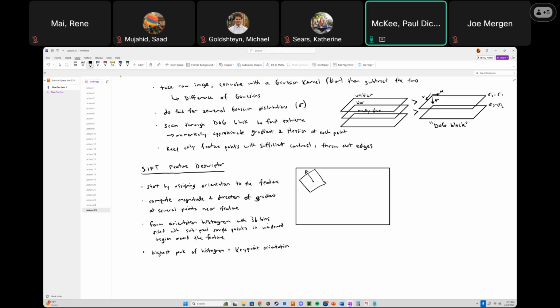Okay? So the next thing we do is we express subpixel gradients as angles with respect to the key point orientation.